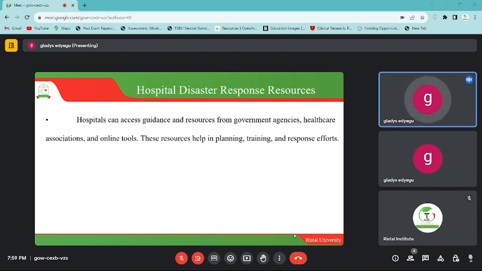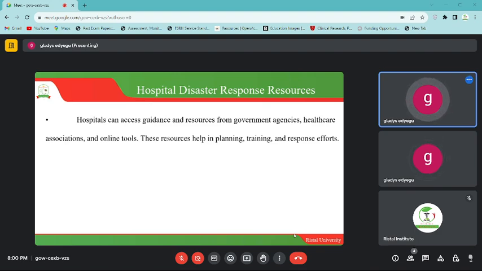When you have adequate preparation, you developed a good plan, and you have enough resources, then you will be able to respond to this disaster. The plan on how to handle the disaster, the resource allocation, and the organization of different individuals handling different roles and responsibilities is very key during our response to the disaster.